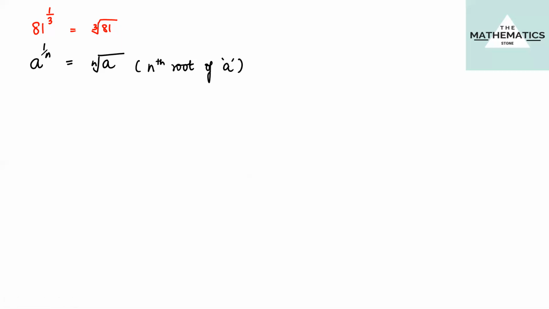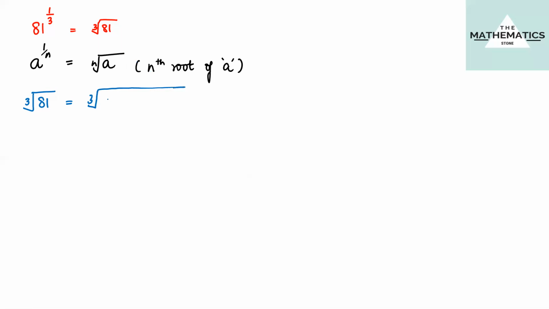Now, you want to find out the value of cube root of 81. So the very first thing that you will do is find the prime factorization of 81. Just write it like this, and under this root symbol, find the prime factorization of 81.